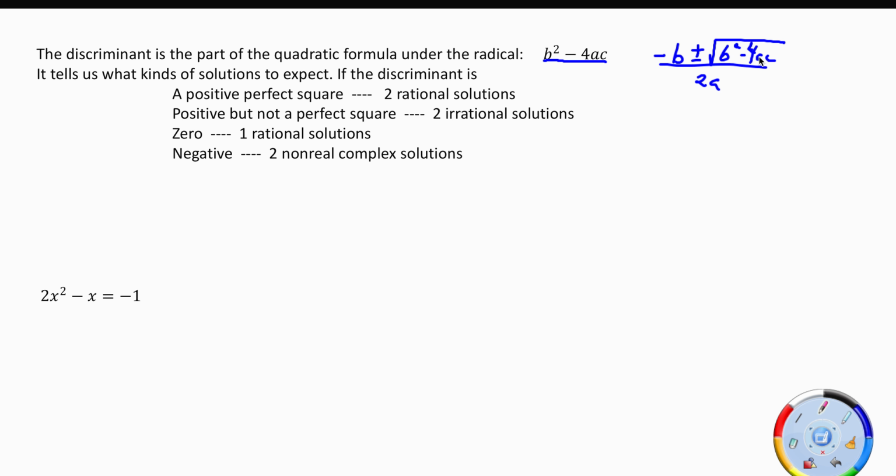So if I plugged in, say, 25 under here, I would have negative b plus 5, negative b minus 5. So I would have 2 rational solutions.